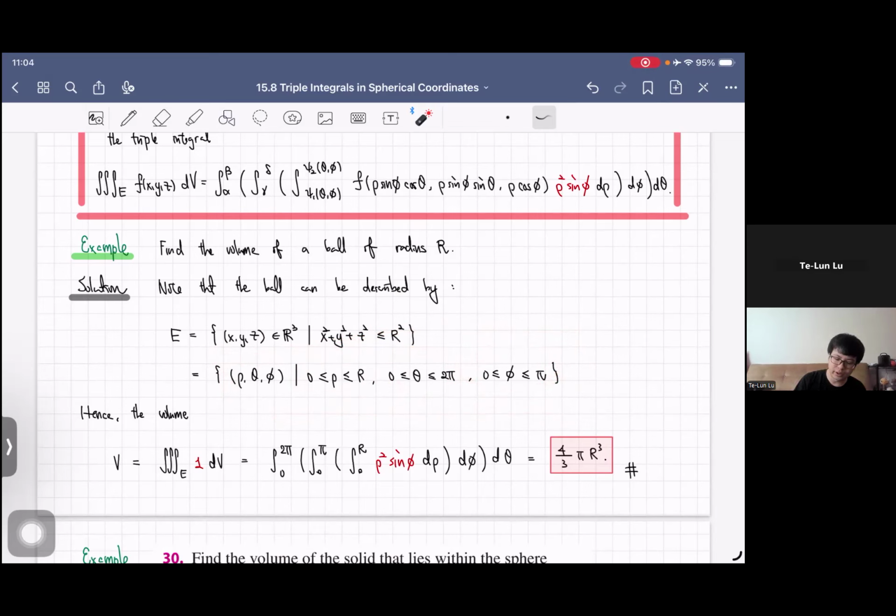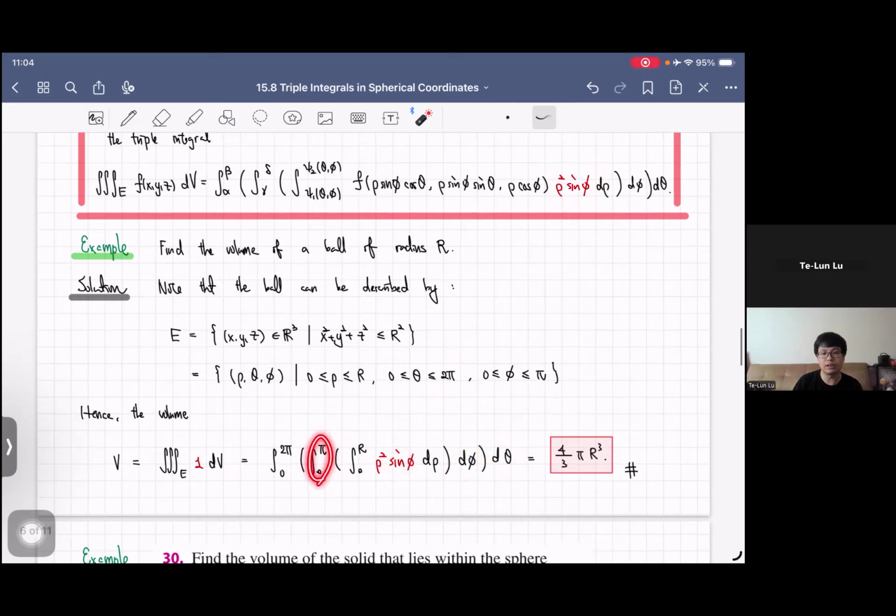Okay. So as mentioned, the volume is simply integrating 1 over the whole thing. And so 1 times the rho squared sine phi gives us just rho squared sine phi, where rho goes from 0 to r, phi goes from 0 to pi, and theta goes from 0 to pi. So first of all, theta going from 0 to pi gives you the integration to pi. And sine phi, integrating over phi is minus cosine phi.